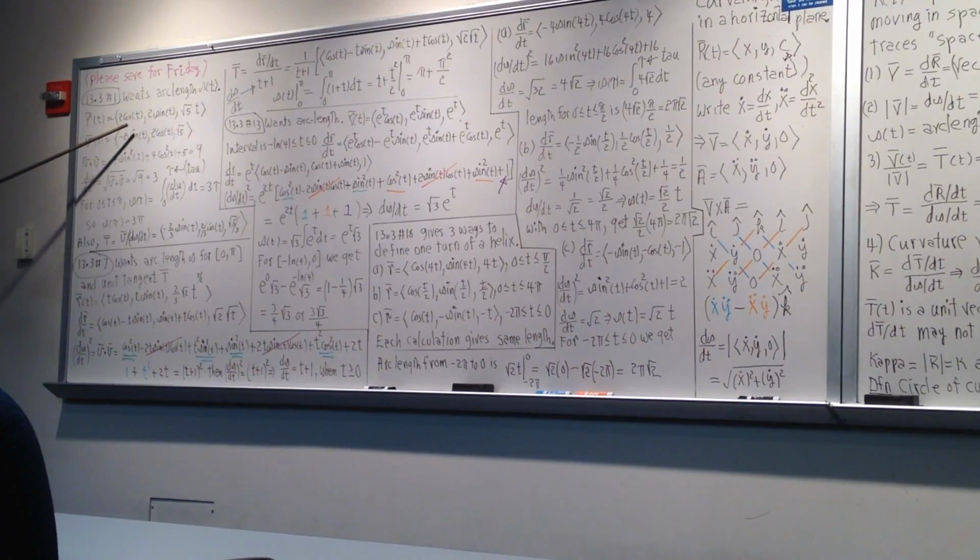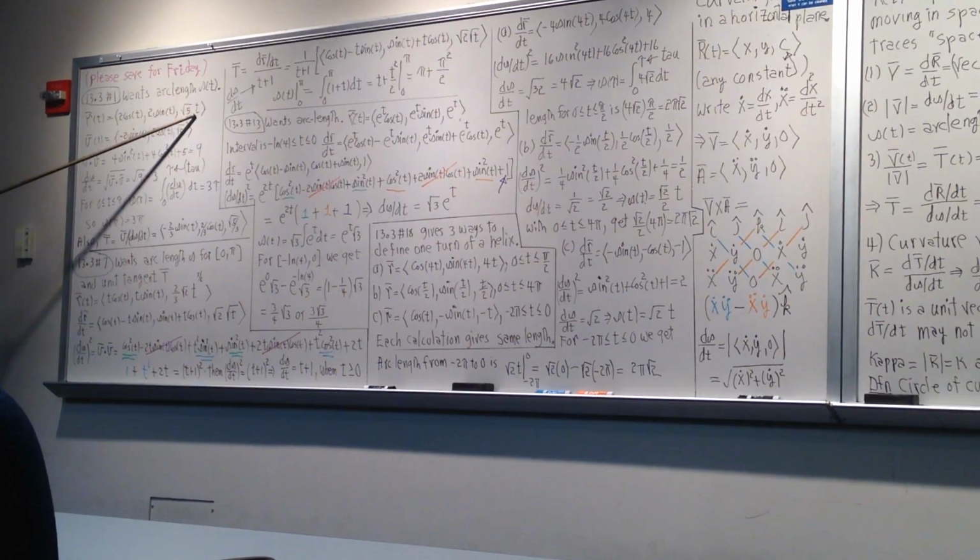So the r of t is given. This would be a helix. You see, your x and y are going around in a circle, but your z is climbing root 5 t. So you're going around in a circle, but you're climbing. So it's like a coil spring.